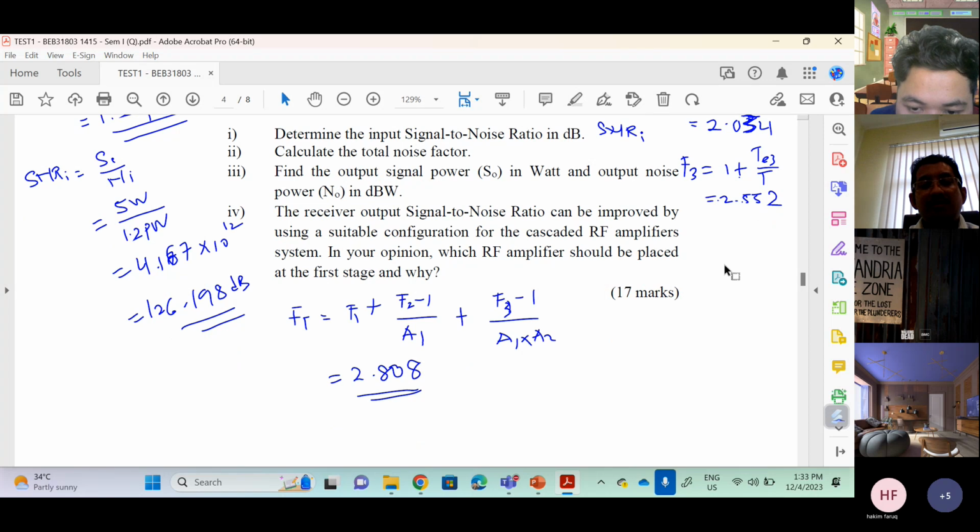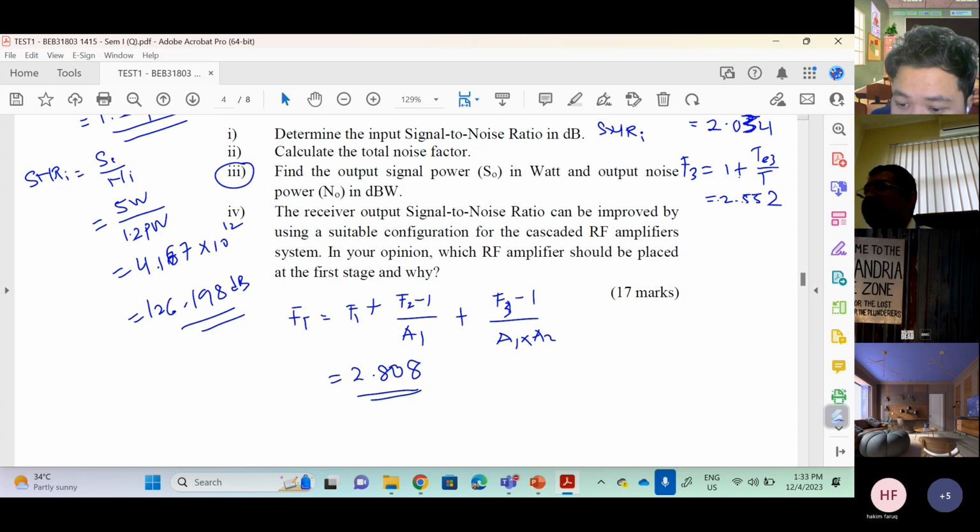Boleh? Kemudian, soalan yang ketiga, dia tanya tentang output signal power. Macam mana nak cari ni? So apa yang you boleh buat adalah you kena cari mula-mula A total. Okay. So saya buat kat sini lah.